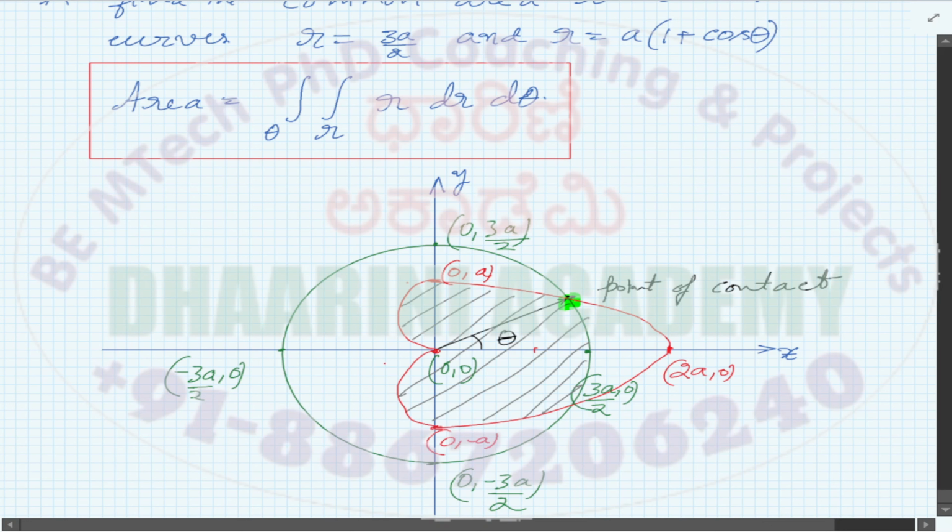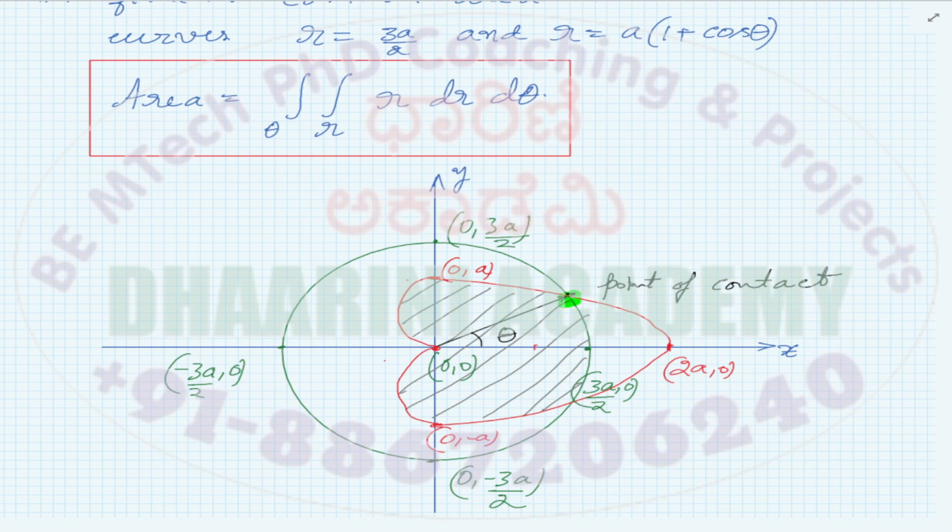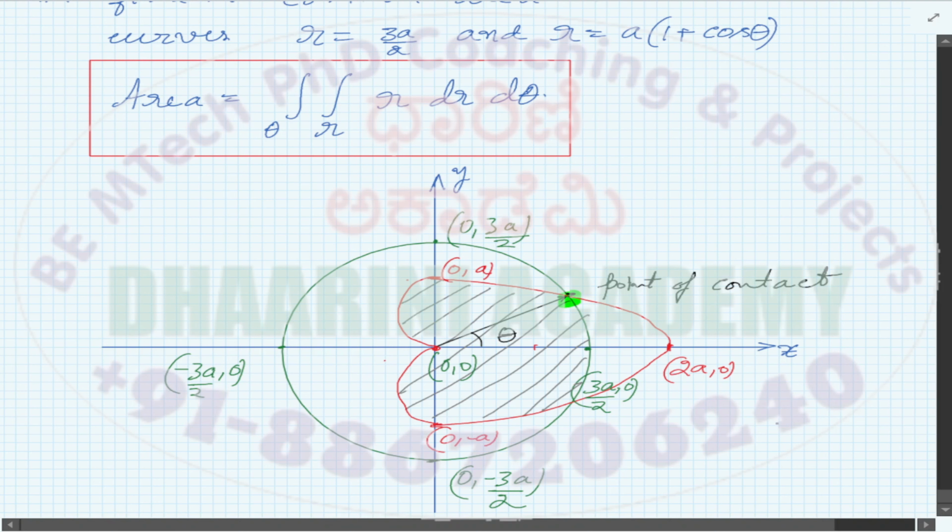It's a point of intersection or point of contact. So at the given point of intersection, we can equate both the curves, correct? Because that particular point of contact or point of intersection lies on both the curves. Because of that, I can write like this now.